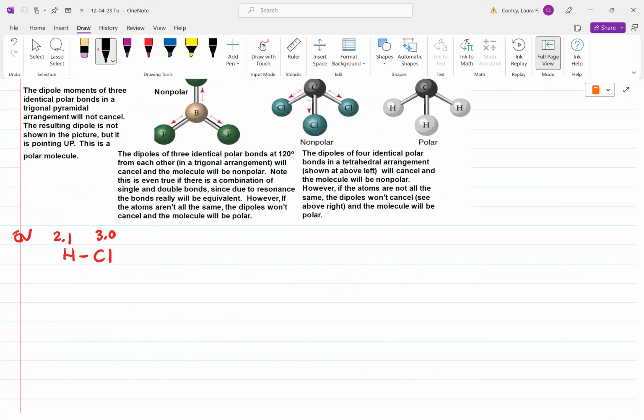So chlorine is more electronegative. It pulls electron density towards itself, becoming delta negative. This is pretty easy. You have only one polar bond. There is nothing to cancel it. So this molecule is definitely polar.